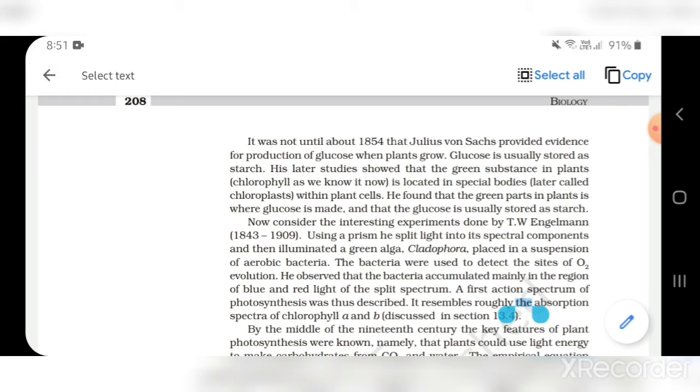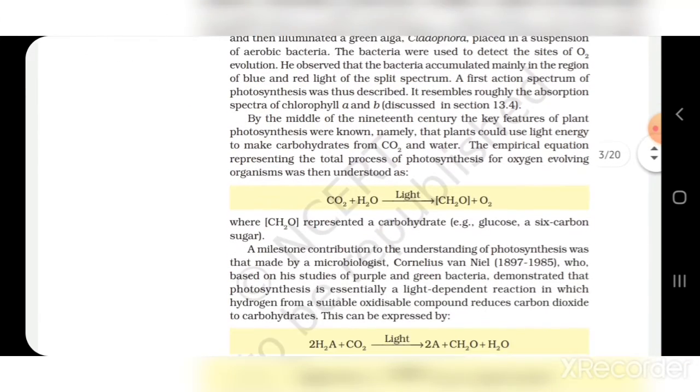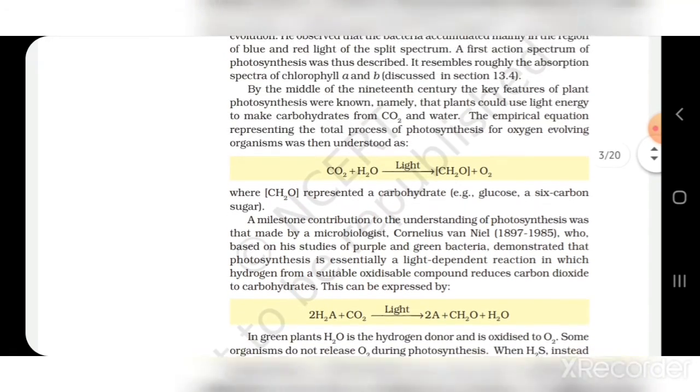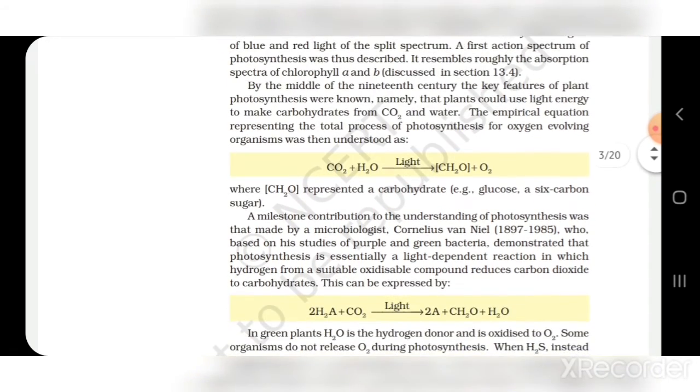He found that bacteria accumulated in the region of the blue and red light of the split spectrum. So he discovered the effect of different wavelengths of light on photosynthesis, and also plotted the first action spectrum of photosynthesis. Okay, so in this chapter we will go through the details of photosynthesis.